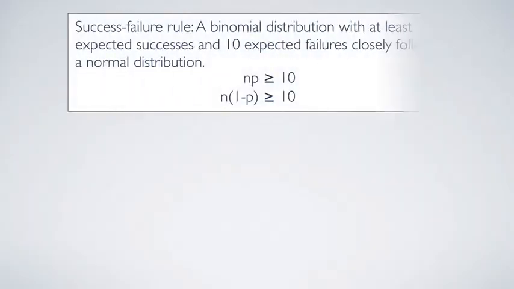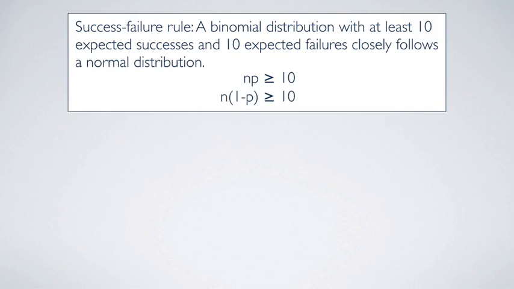The rule of thumb is the success-failure condition, which says that a binomial distribution with at least 10 expected successes and 10 expected failures closely follows a normal distribution. So that's n times p needs to be greater than or equal to 10, and n times 1 minus p needs to be greater than or equal to 10.